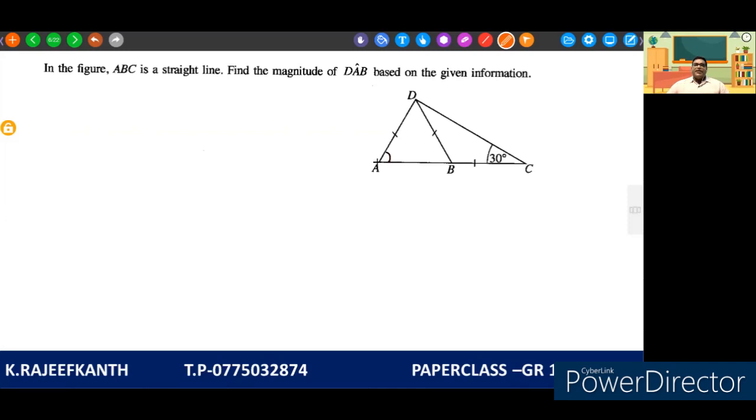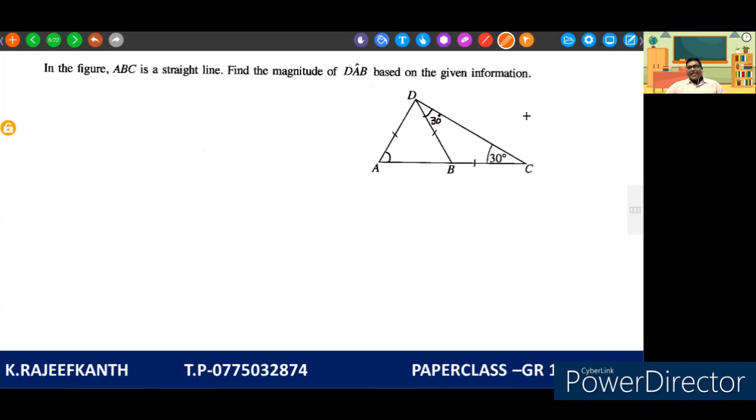Right. Here, in the triangle BCD, BD and BC are equal. Right? So opposite angles of equal sides are equal. So we can mark this angle as 30 degrees. Here these two sides are equal, then opposite angles are equal.